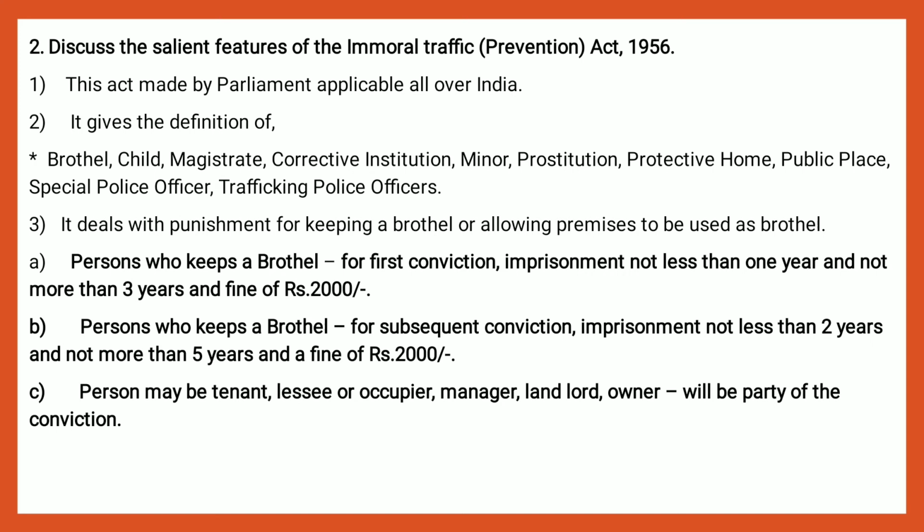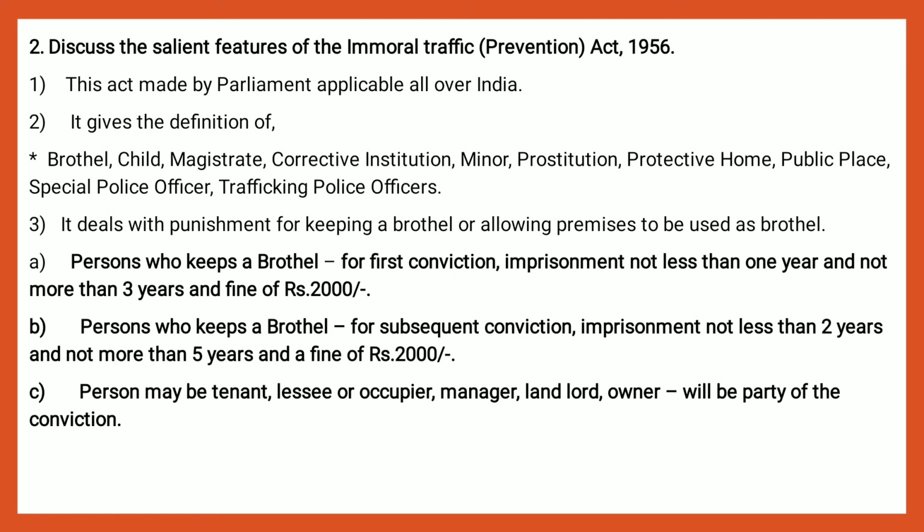Authorities intervened to prevent girls from being coerced into prostitution. In this regard, the government has introduced the Immoral Traffic Prevention Act, 1956. It deals with punishment for keeping a brothel or allowing premises to be used as a brothel.